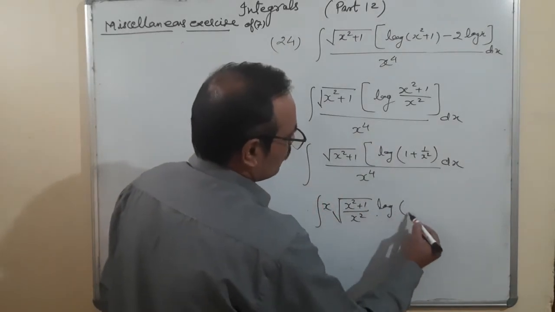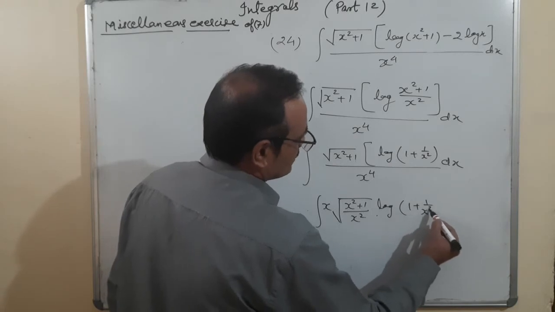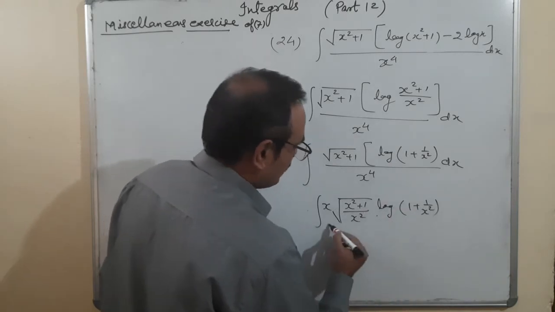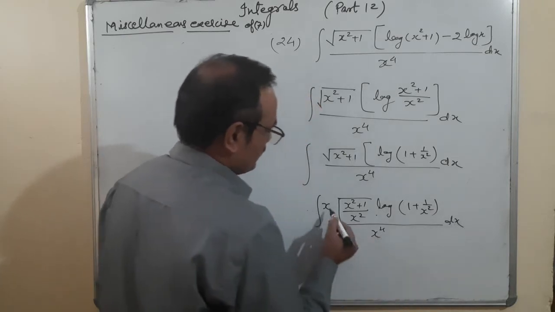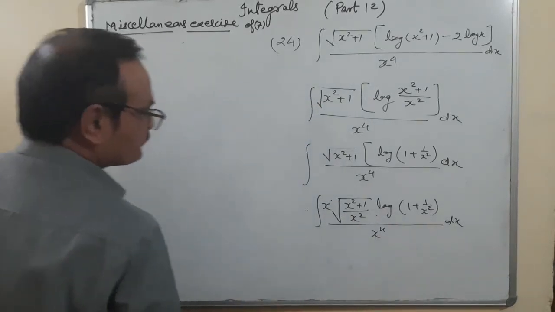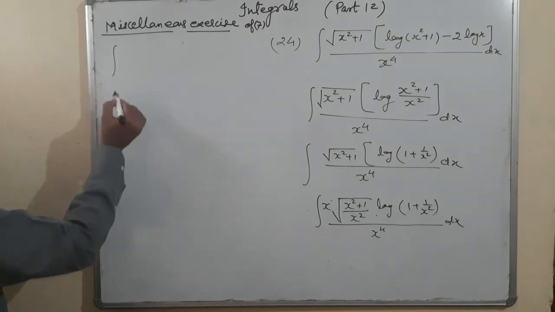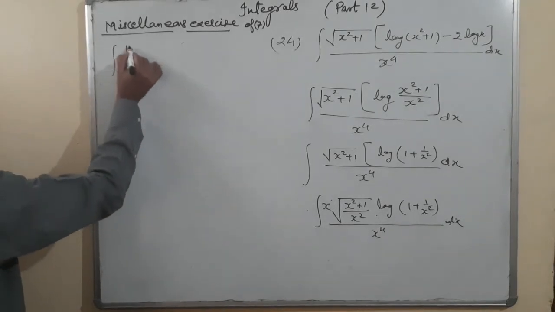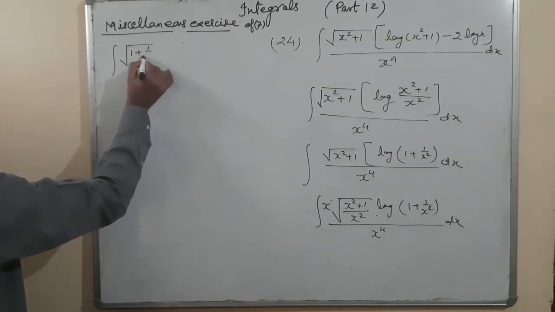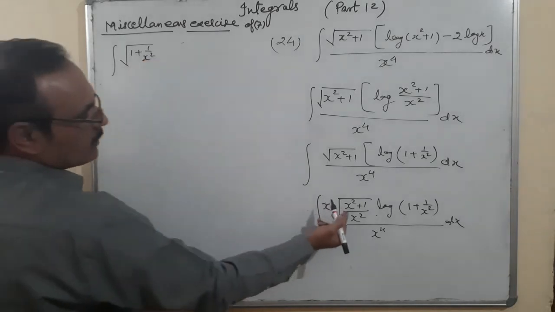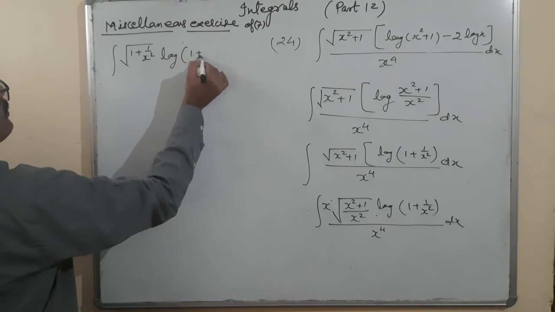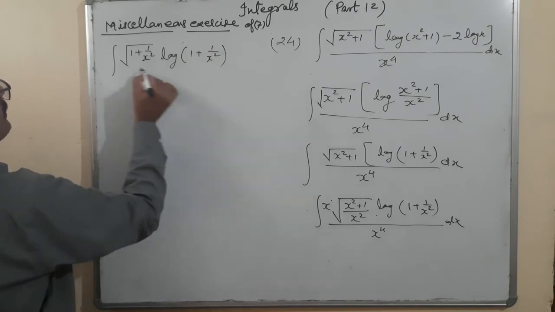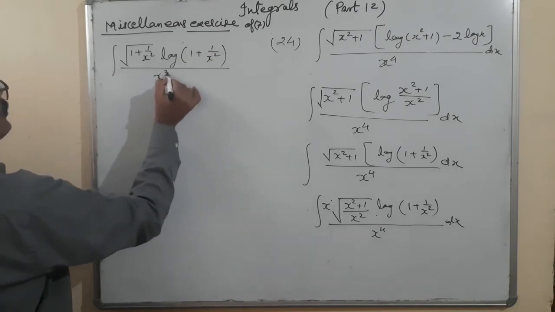Log of 1 plus 1 upon x square, upon x to the power 4 dx. Okay, this is cancelled. And I am writing here under root 1 plus 1 upon x square, log of 1 plus 1 upon x square, upon x cube dx.